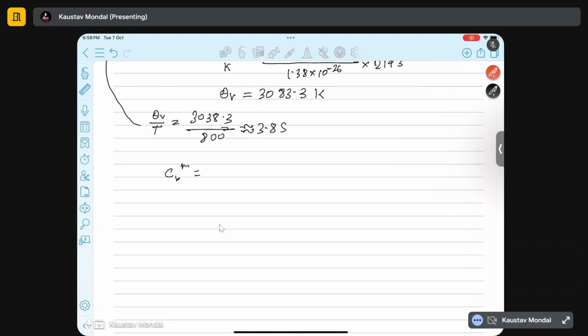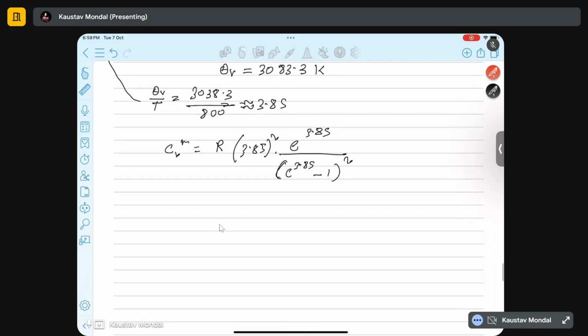So CVm will be R times 3.85 square times e to the power 3.85, over e to the power 3.85 minus 1 whole square. R value we know, 3.85 square we know, e to the power 3.85 we already know.